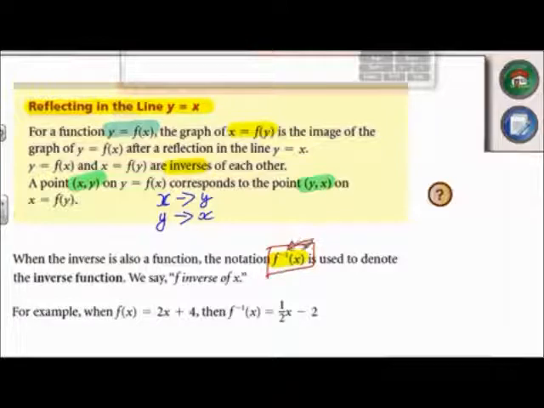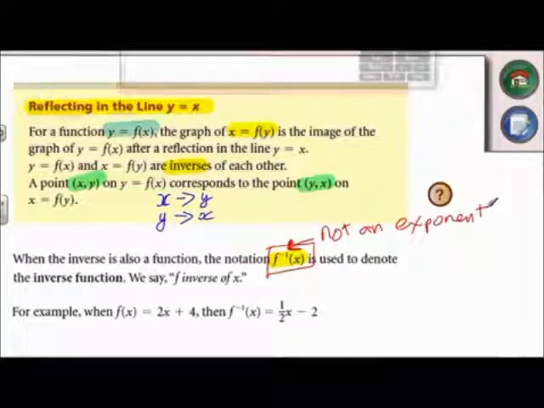That is not an exponent. Do not confuse that right now. That is not saying take this function to the exponent of -1. No, it is an inverse notation that you've been using since you've learned about trigonometry.